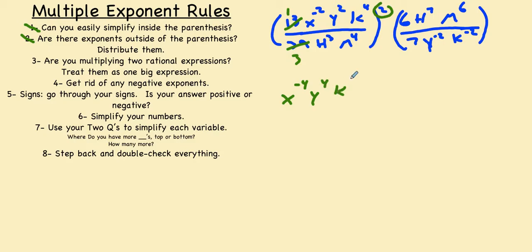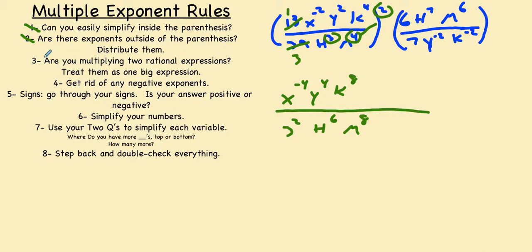And k to the 8th, my exponent of 4 times the 2. All that over 3 squared, h to the 6th, and m to the 8th. The h to the 6th came from the h to the 3rd times 2, and then the m to the 4th times 2. So that gave me that.